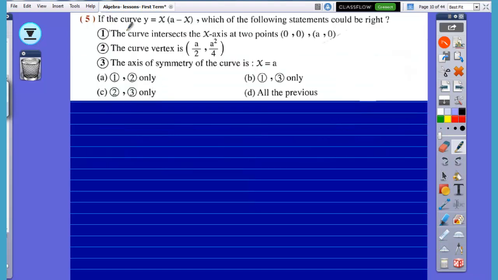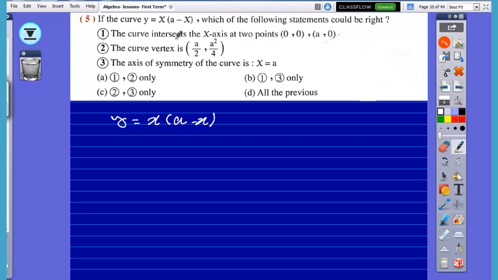Here, if the curve y equals x multiply (a - x), which of the following statements could be right?